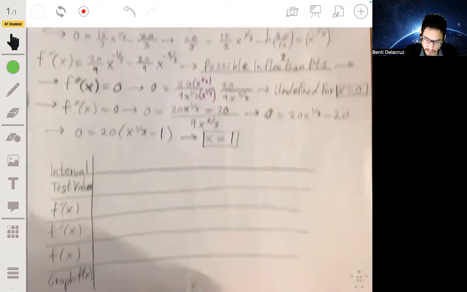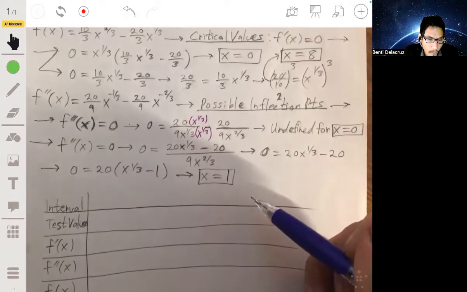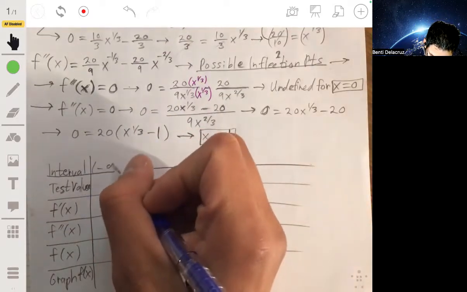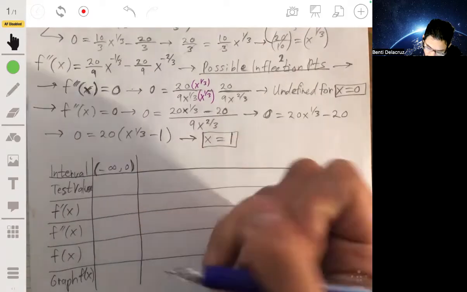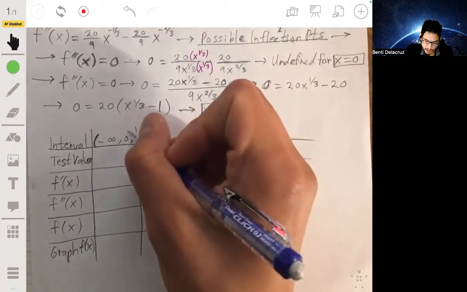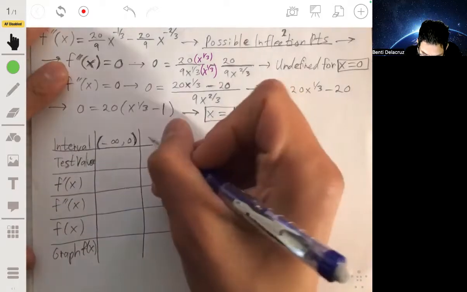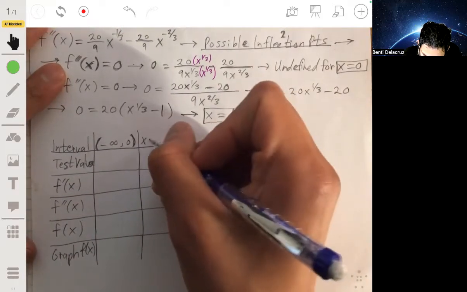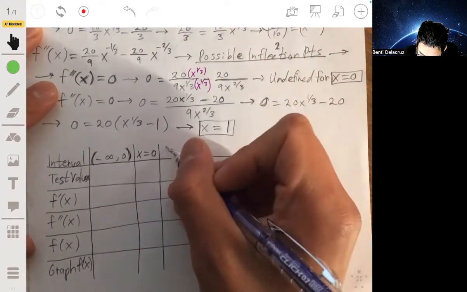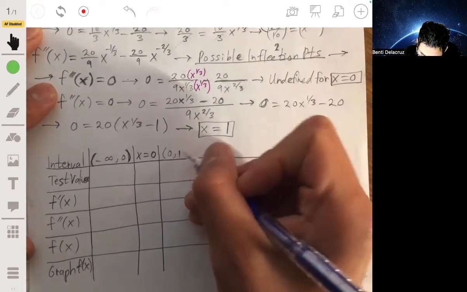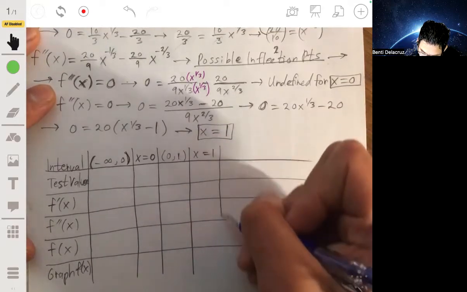So intervals. We're going to break them up at 0, 1, and 8. So we're going to go from -infinity to 0. And then to make it easier to see what's going on at these critical values, we're going to leave a column for just x equals 0. And then we're going to go from 0 to 1. Then we're also going to leave a column for x equals 1, so we can see what's going on there.